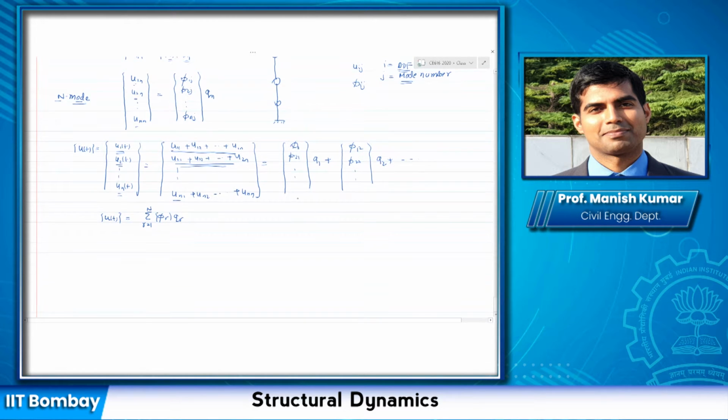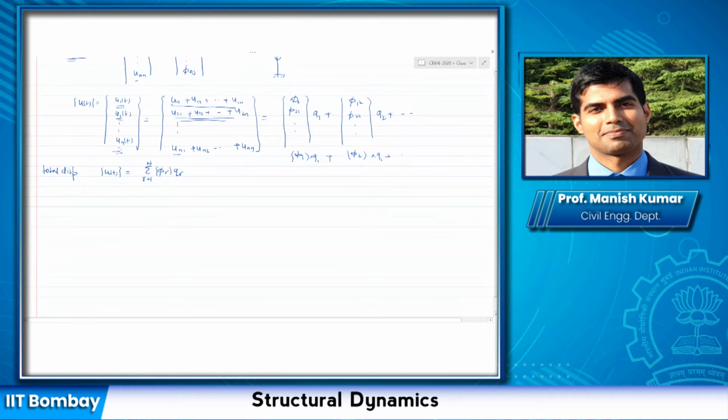This is my phi_1, this is my phi_2. So phi_1 times q_1 plus phi_2 times q_2 and so on. This is the total displacement, not the nth mode. Is this clear to all of you?